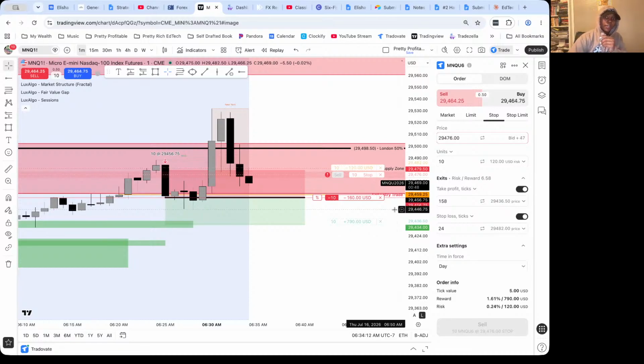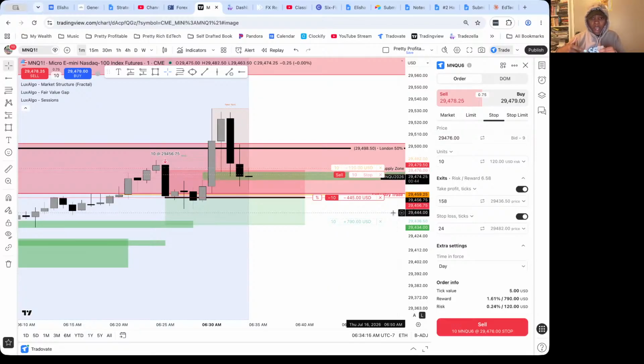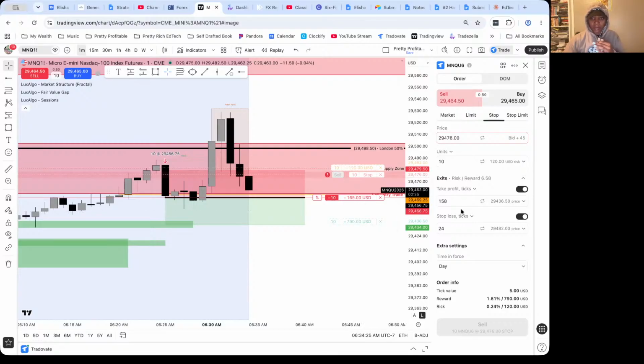I've got to do all this manually. So right now, until I can figure out why my stop isn't hidden or respected, when I'm putting this stop order, look at my stop loss right here. Why is it not hidden?